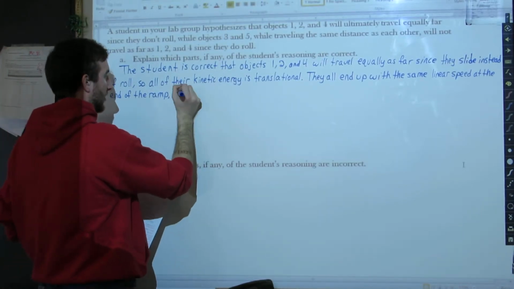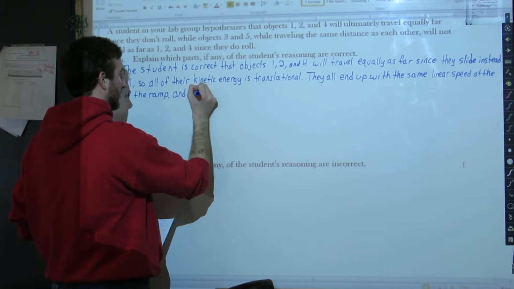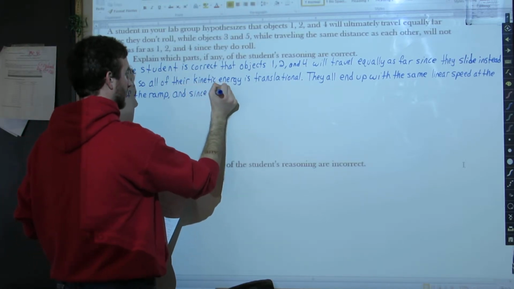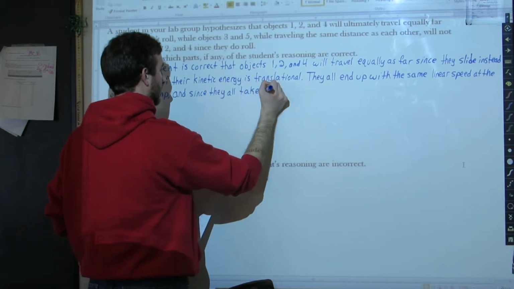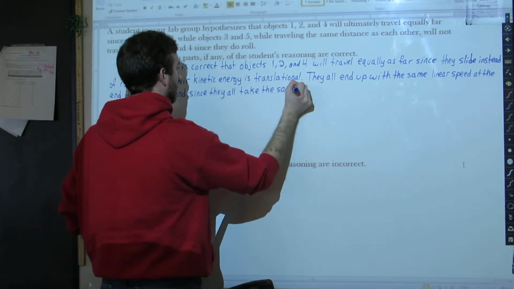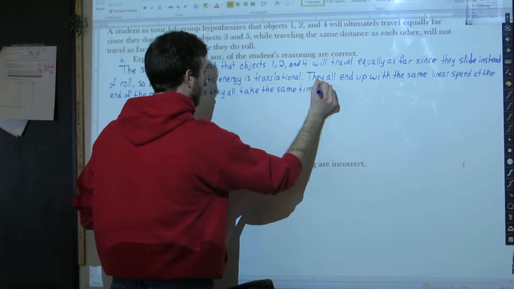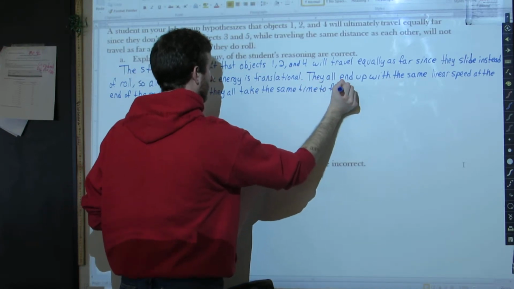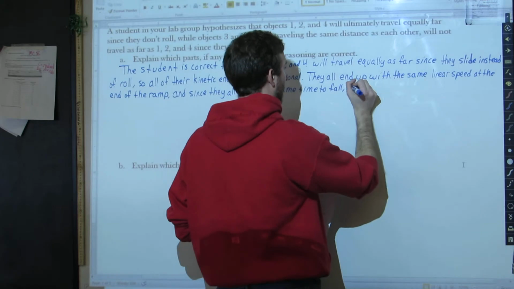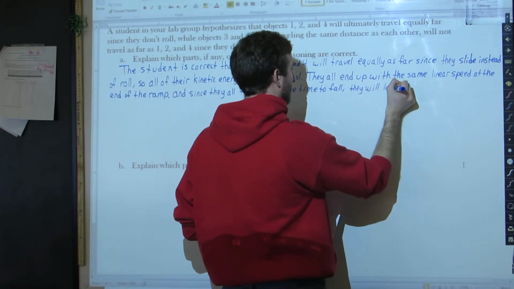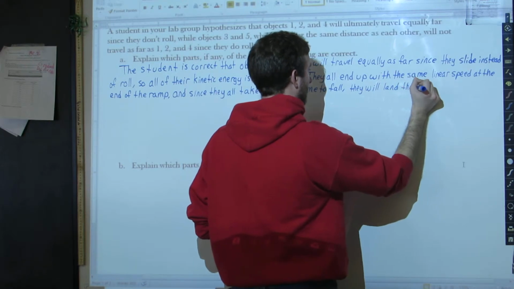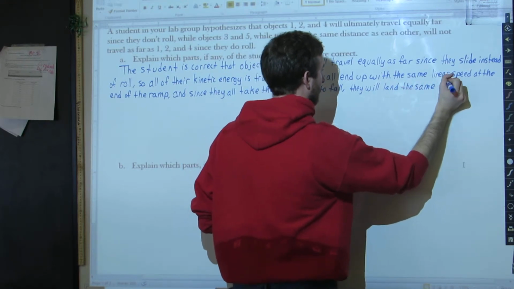And since they're all going to take the same amount of time to fall, they will land the same distance from the table.